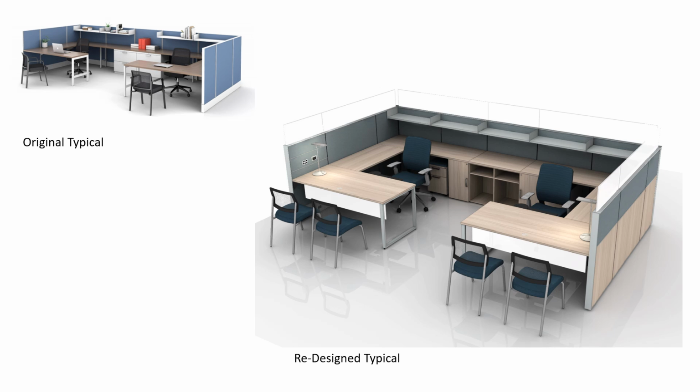I think that perhaps the biggest thing I want to talk about though is the power. So like I had mentioned on the previous slide, it's best to have your power on the spine from a cost perspective. You might notice here that I have the power above and below the peninsula surfaces.